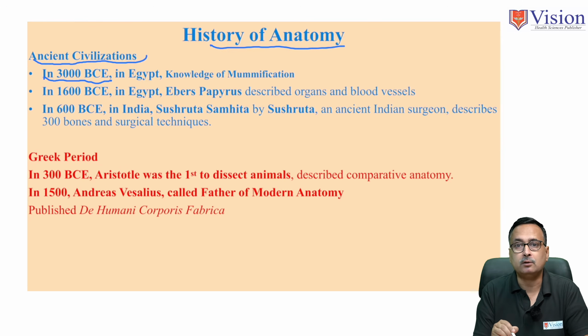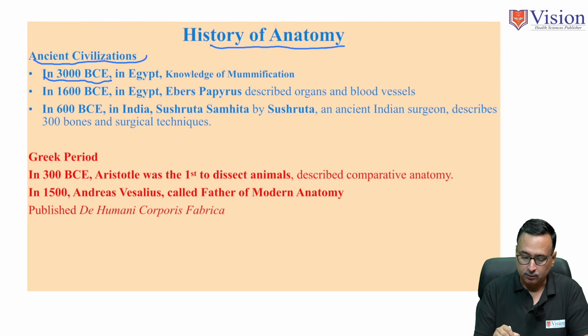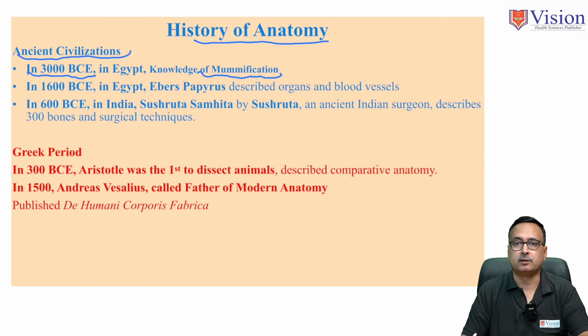In Egypt, those people were familiar with the cultural practice of mummification. Mummification is a cultural practice in Egypt that helps to preserve dead bodies. That signifies those people were very well aware of the internal anatomy of the human body.